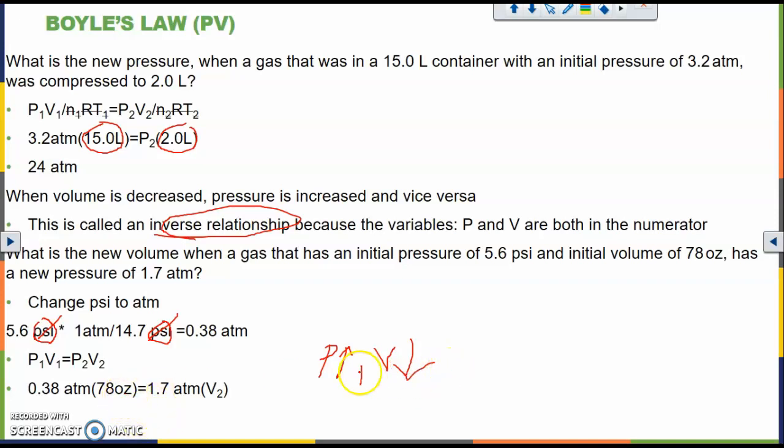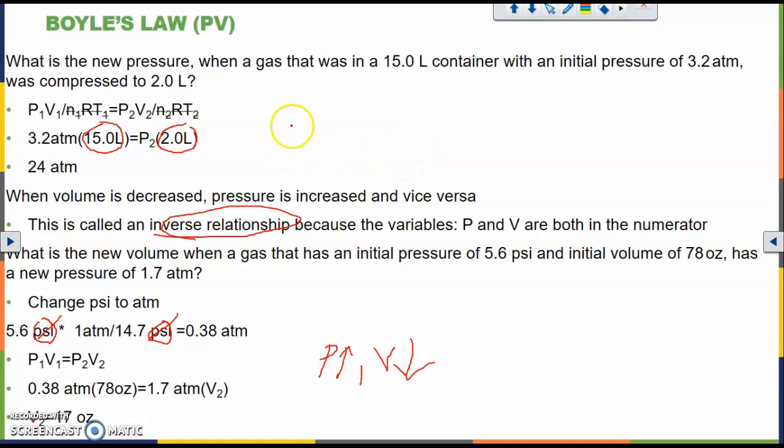So the number that we need to get has to be smaller than 78 ounce. And lo and behold, that is the case. The new volume is 17 ounce, which is smaller than the initial volume. Again, because this is an inverse relationship. Okay, very, very important.